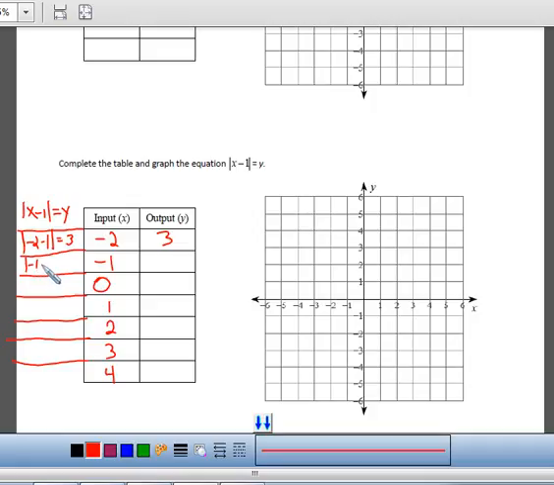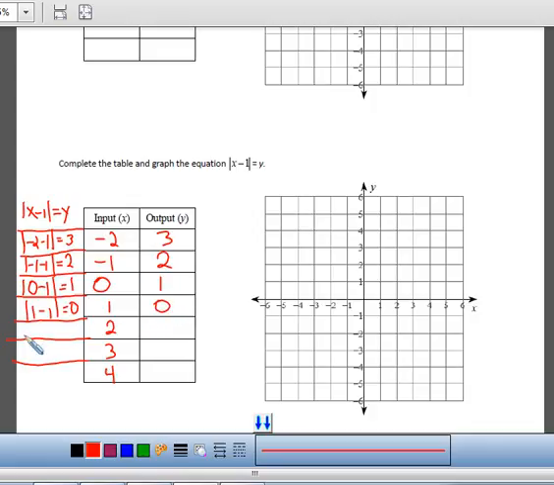Now I have -1 minus 1, that's -2, but absolute value of -2 is +2. Now I have 0 minus 1, that's -1, but the absolute value of -1 is +1. Okay, now I have 1 minus 1, and the absolute value of 0 is just 0.